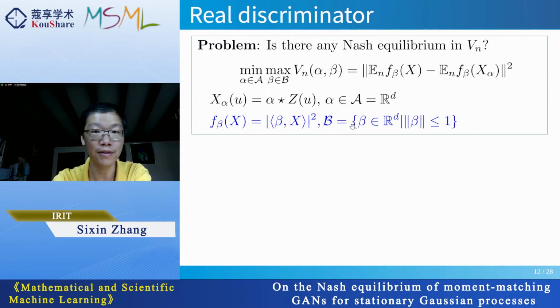It is simply a real valued vector with a unit norm constraint. So we are trying to project data onto some direction and looking at the modulus.